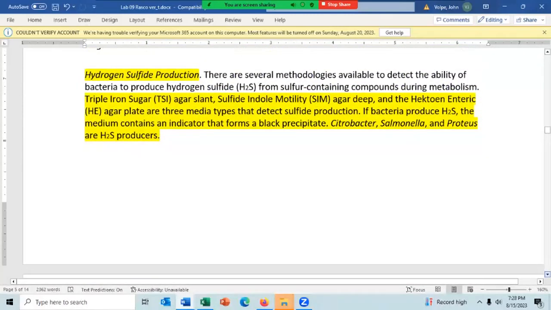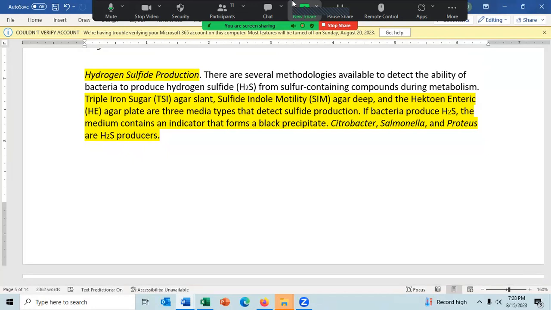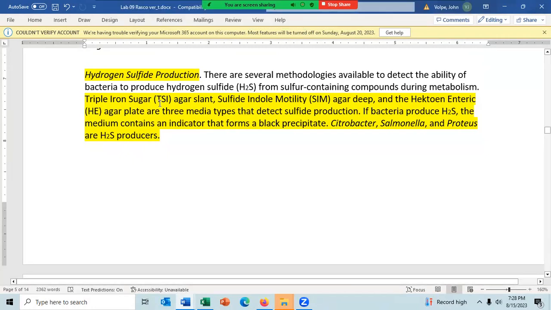Bacteria can produce hydrogen sulfide. If they produce hydrogen sulfide, then you'll find a black precipitate in all of the tests that test for hydrogen sulfide production. Is that clear? We have different tests that can measure the production of hydrogen sulfide. You can test for hydrogen sulfide production with the triple sugar iron, also called the TSI test.